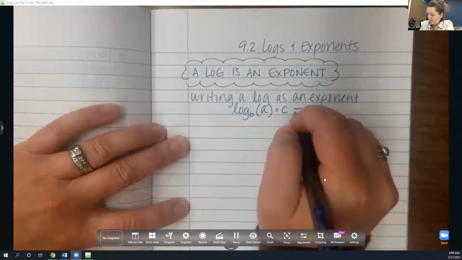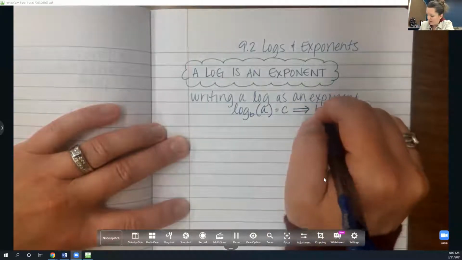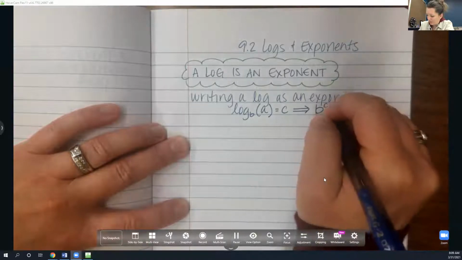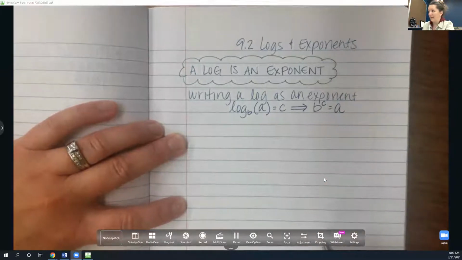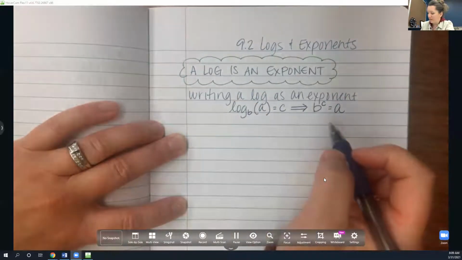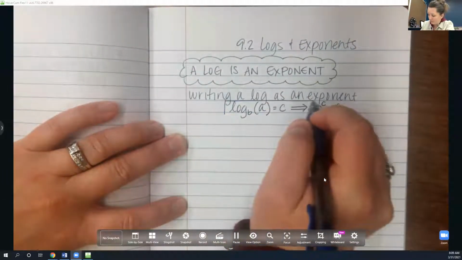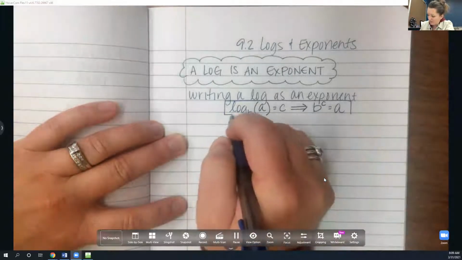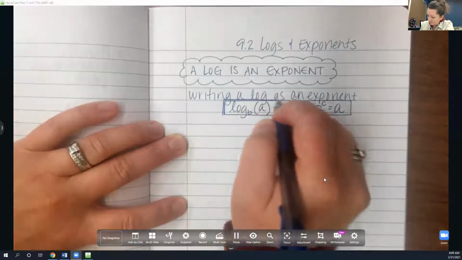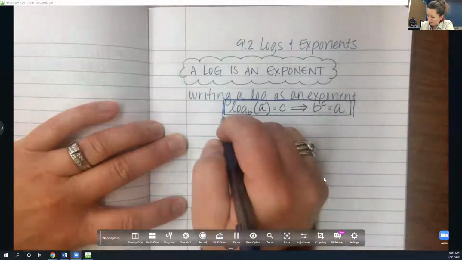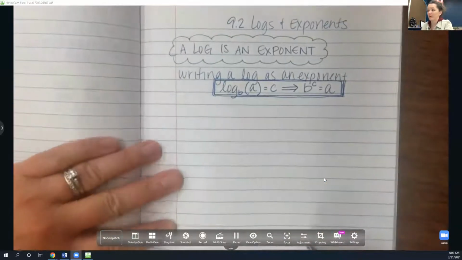So you write this in exponential form this way, right? Base B, exponent C, argument A, okay? So writing a log as an exponent, remember this one, okay? This is how we're going to solve all of our log equations, how we're going to evaluate logarithms, all of that jazz, all right? So big box around that.